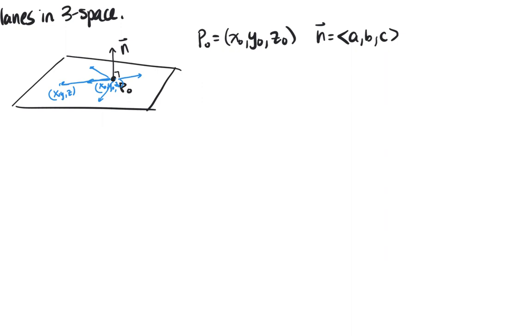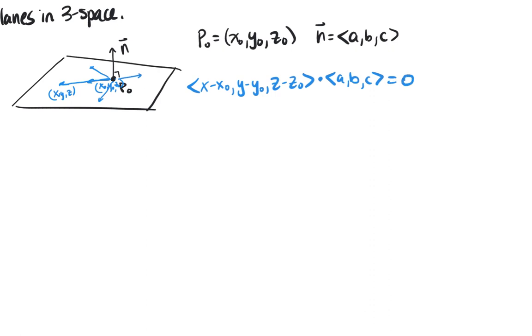So the vector between those two would be x minus x naught, y minus y naught, z minus z naught. So that's going to describe any of these points x, y, z in that plane. And I want it to be such that when I dot that with the vector ABC, I get 0.